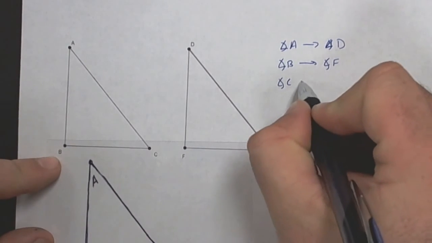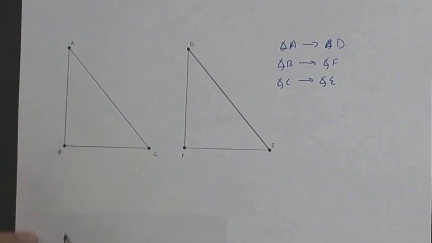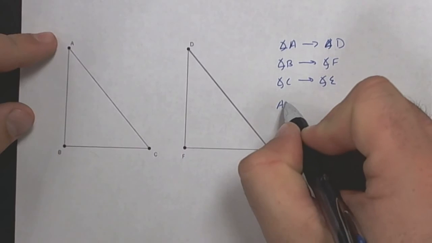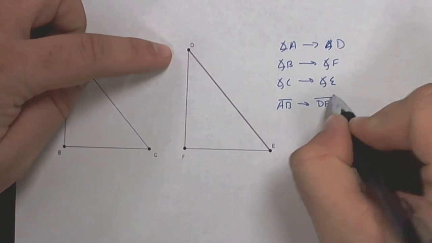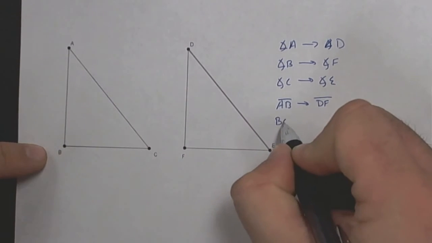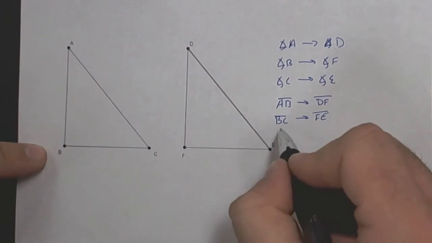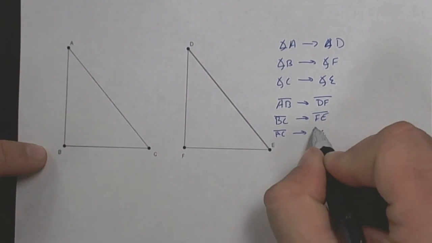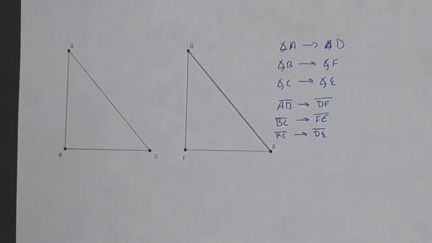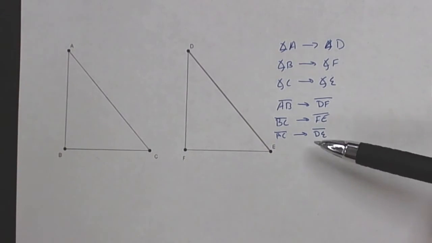Angle C and angle E are corresponding. So are segments: AB corresponds to DF, segment BC corresponds to segment FE, and segment AC corresponds to segment DE. So when I ask, here are two triangles, list the corresponding parts, this is how you do it.